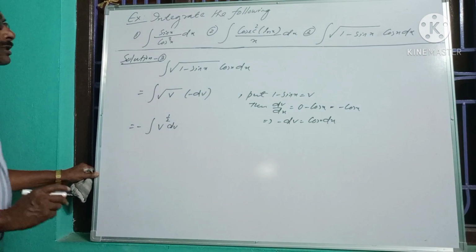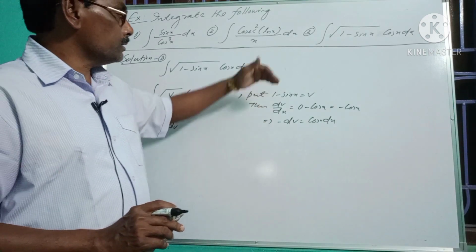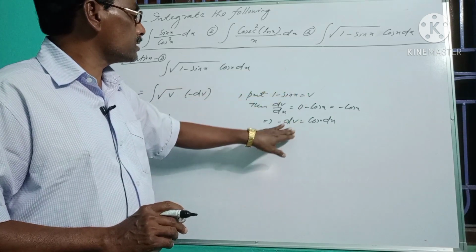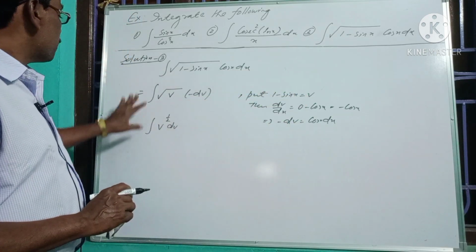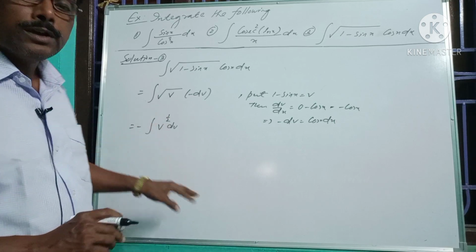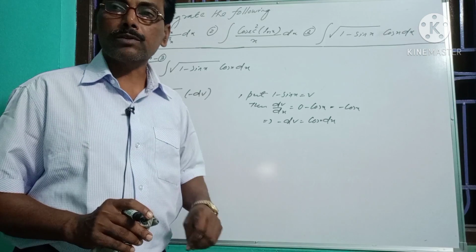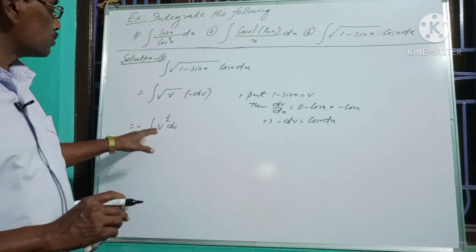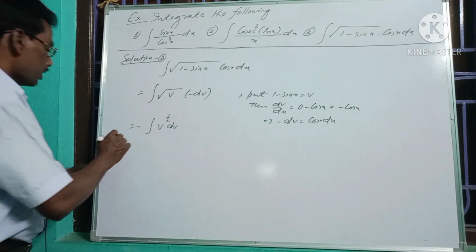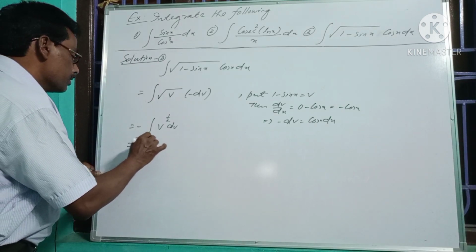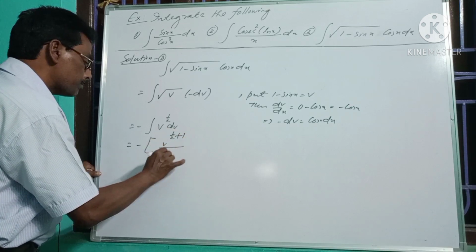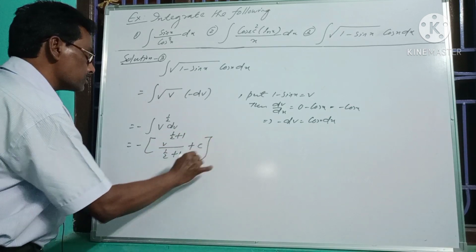So in the process of substituting 1 minus sine x as v and differentiating, we reach the form that is the integration of v to the power half with respect to v, where v to the power half is easily integrable using the integration of x to the power n with respect to x. So we have minus v to the power half plus 1 by half plus 1 plus c, where c is the constant of integration.